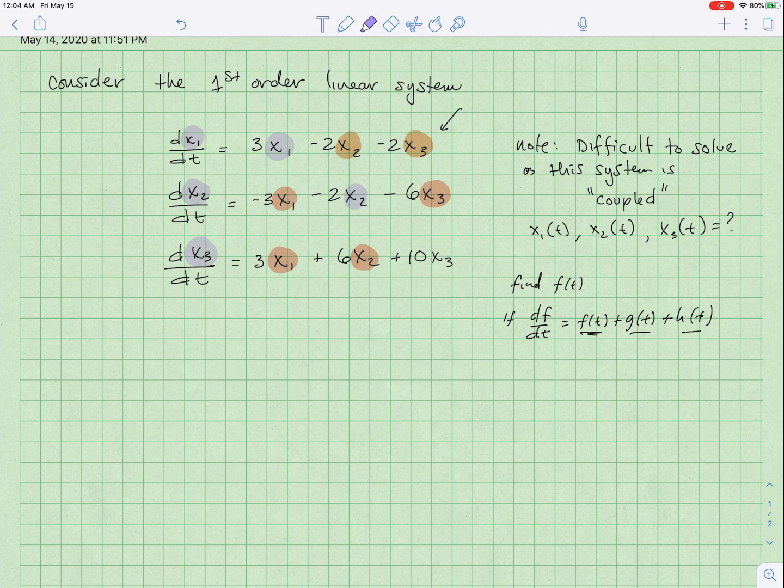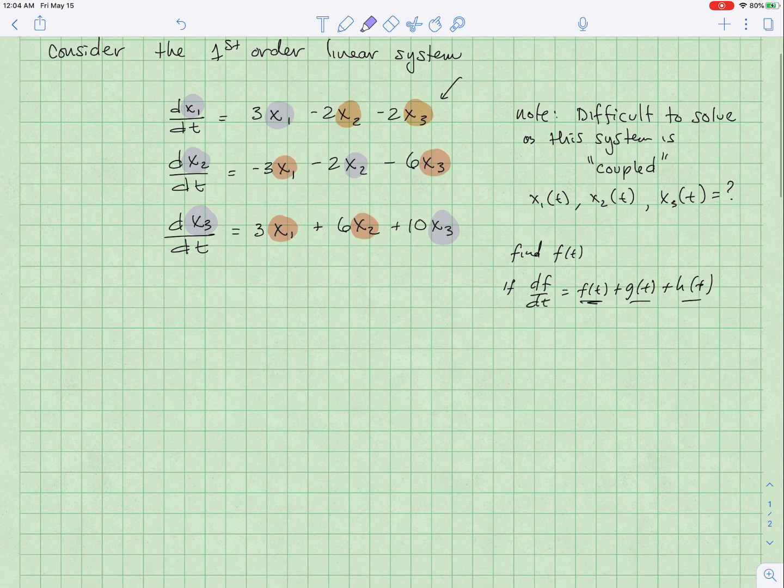And here I'm told some information about x3, how the derivative of x3 is related to x3, but I do it through a relationship involving x1 and x2. And so this is what we mean by coupled. That is to say, the derivative of each one of these functions depends upon more than just one unknown function, which is not something that we've dealt with before in chapter 1 when we were dealing with differential equations.